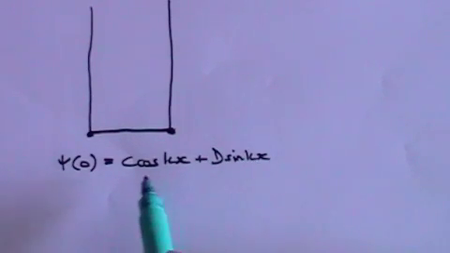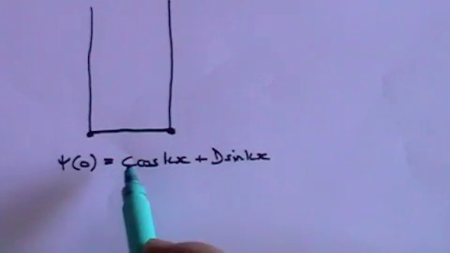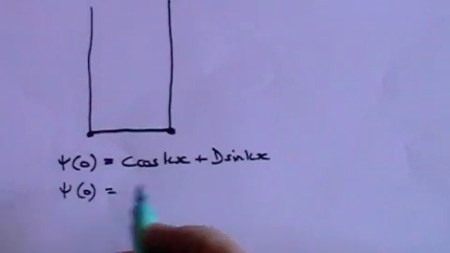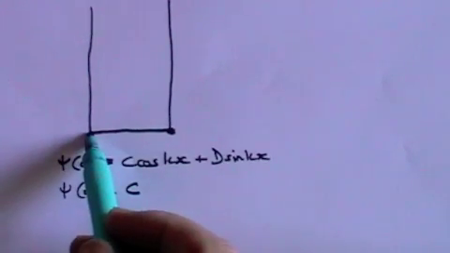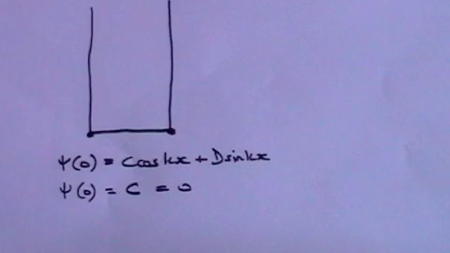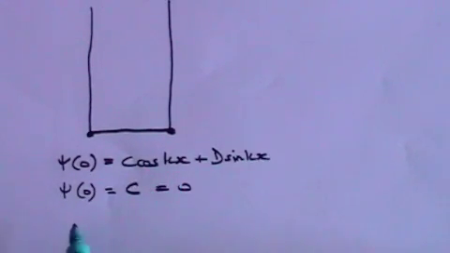And when x is 0, the cosine term is 1 multiplied by C. So when x is 0, psi of 0 equals C. But we know that at x equals 0, psi of 0 must be equal to 0. And therefore C must be 0, which means that term disappears. It can't exist.